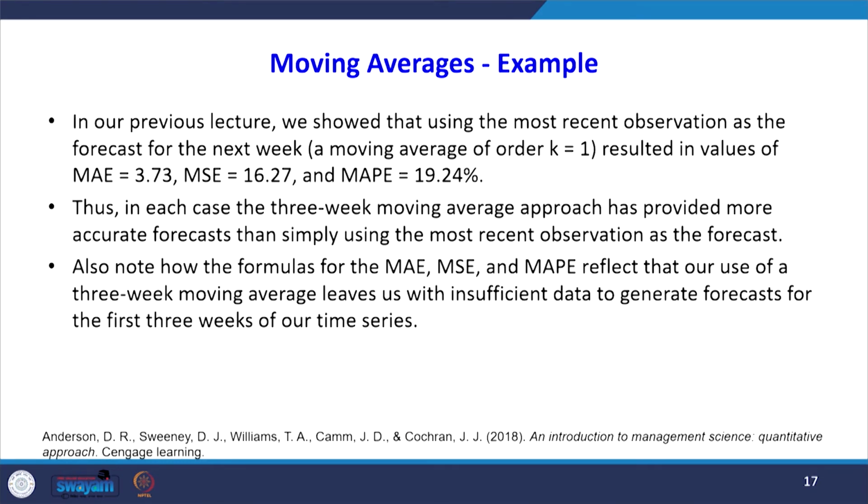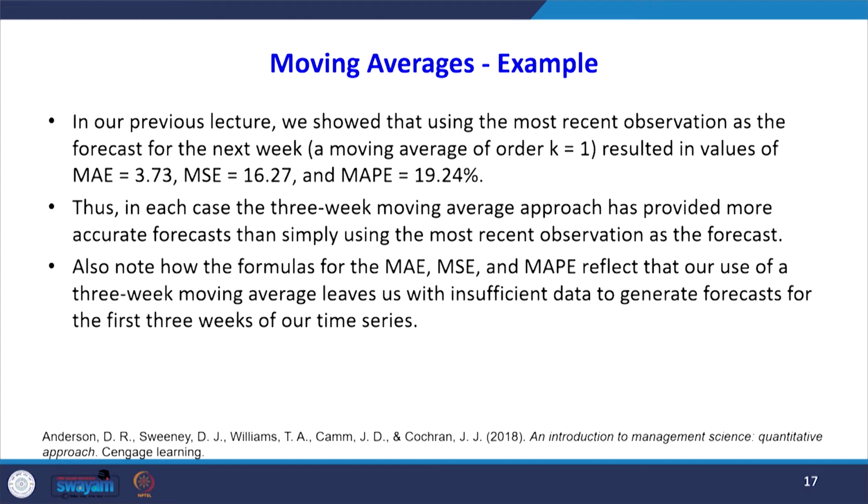In our previous lecture, we showed that using the most recent observation as the forecast for the next week, that is a moving average of k equal to 1, resulted in a mean absolute error of 3.73, mean squared error of 16.27, and mean absolute percentage error of 19.24 percent.